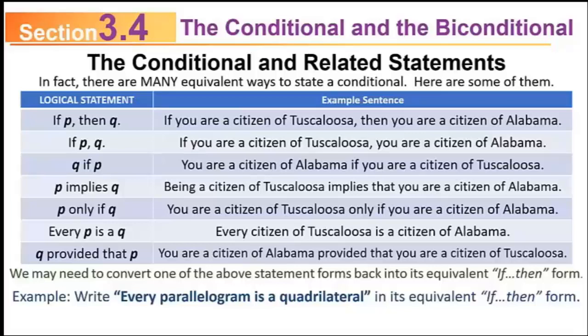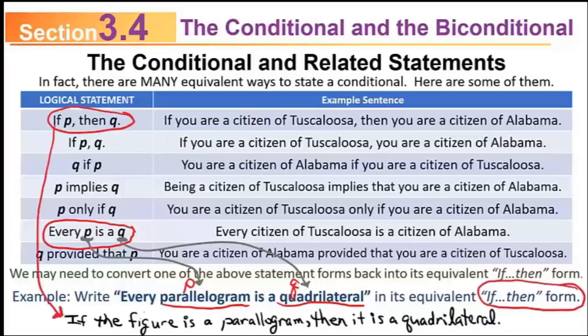What you have to do is look back up at this chart and notice that the next to the last one is every P is a Q. So that tells me that the part about the parallelogram is the P, the part about it being a quadrilateral is the Q. So I can change it back to an if-then form by saying basically if parallelogram then quadrilateral, and then putting in a few words to make the sentence flow.